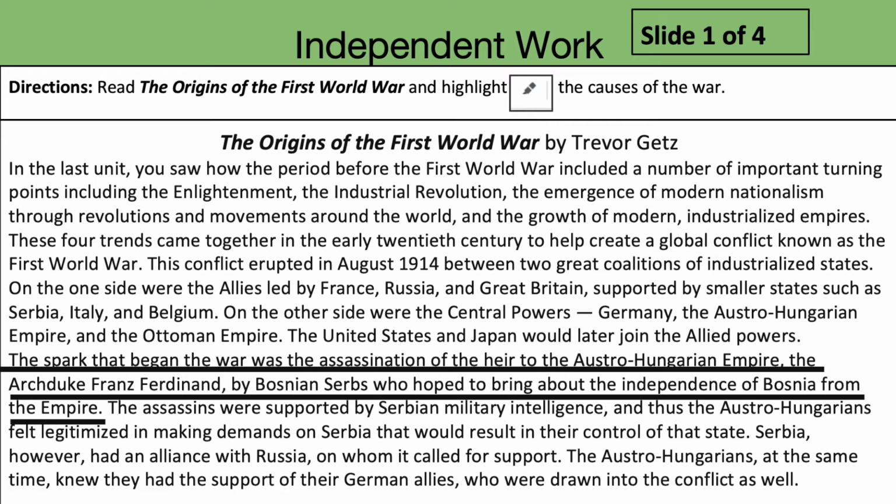So I'm noticing that the spark that began the war was the assassination of the heir to the Austro-Hungarian Empire, the Archduke Franz Ferdinand, by Bosnian Serbs who hoped to bring about the independence of Bosnia from the empire.